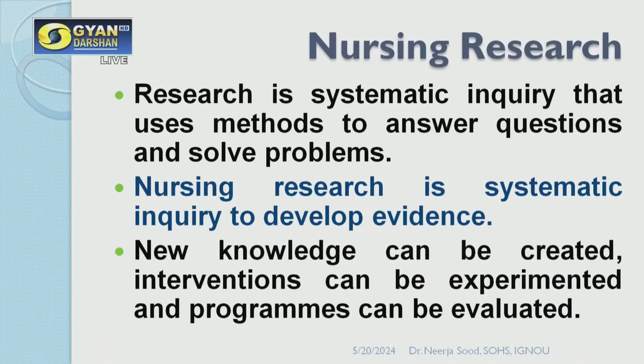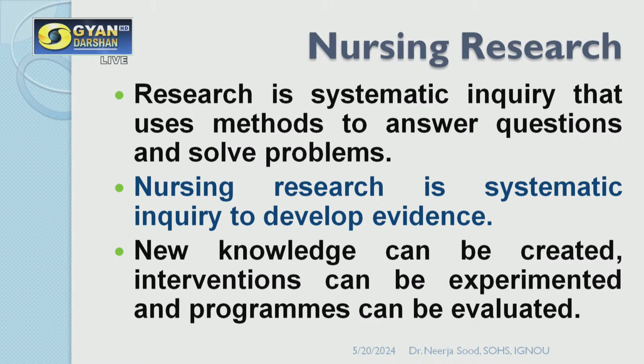This is very important. What is nursing research? Nursing research is a systematic inquiry that uses various methods to answer a question or to solve a problem. It is a systematic inquiry to develop evidence.